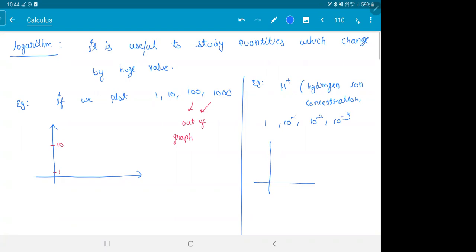If you try to plot them on a graph, if you say this is 1, this would be 10 power minus 1, then 10 power minus 2. You can't see 10 power minus 2 and 10 power minus 3. You get the problem? Either you go too big, it's a problem. You go too small, it's a problem. I cannot plot all these things in a graph. It becomes very difficult to study. Again, we can't plot them.